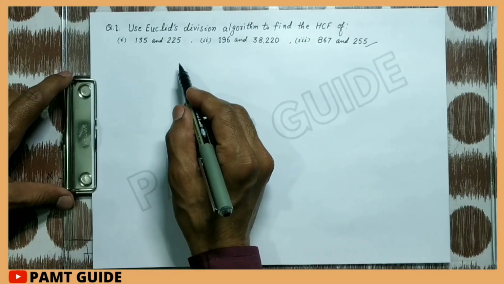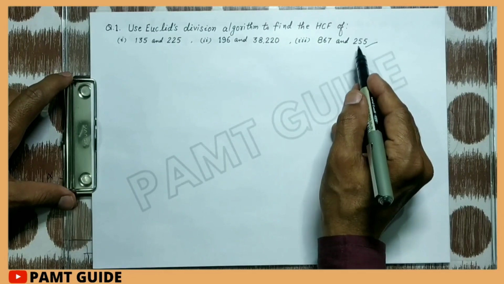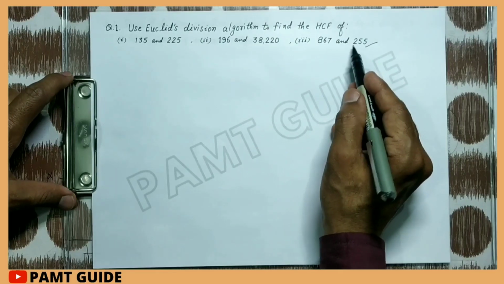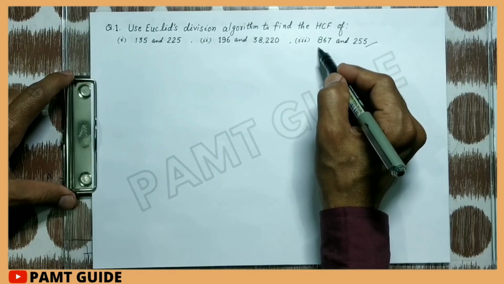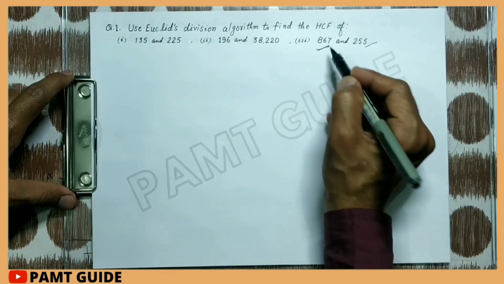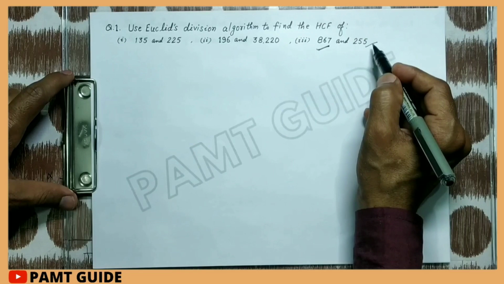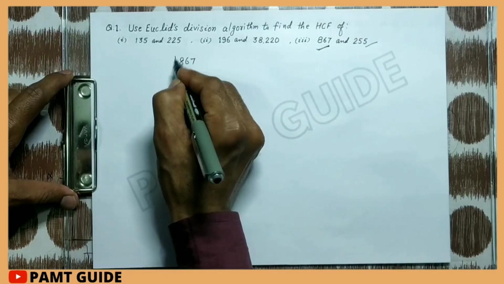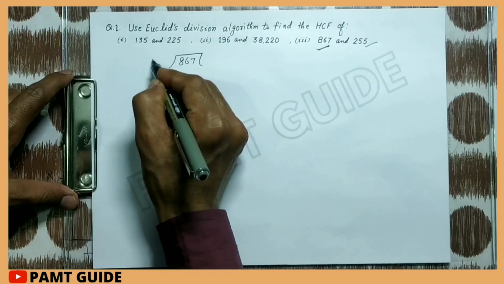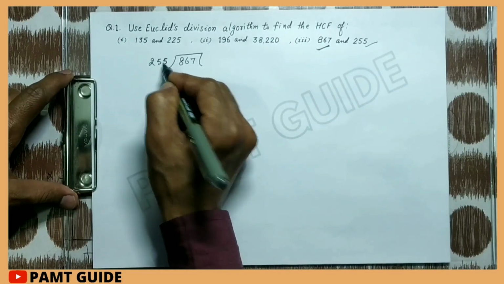I have told you earlier that we make the larger integer the dividend and the smaller the divisor. Then the larger number is 867 and the smaller is 255. So we divide 867 by 255.